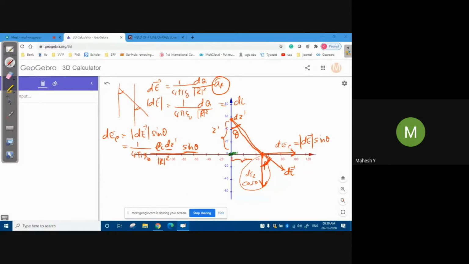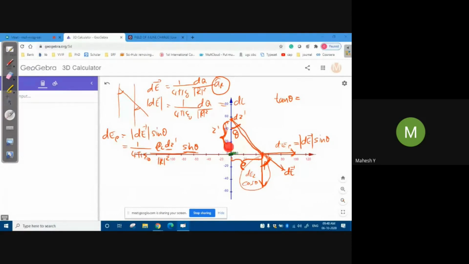So this length we know, this is rho, this length is z prime. Okay, so can you find a relationship between rho, z prime and theta? What is tan theta? Tan theta in this triangle. You see this triangle.